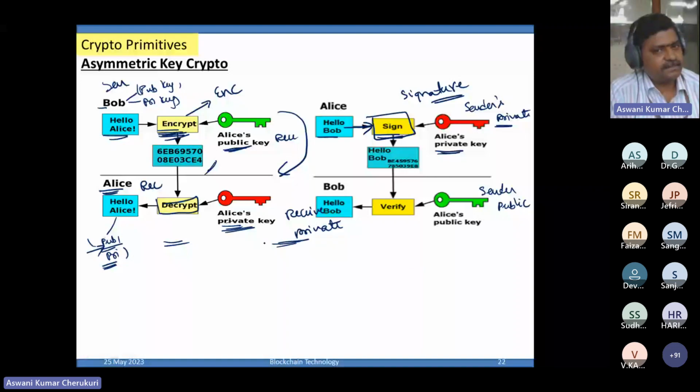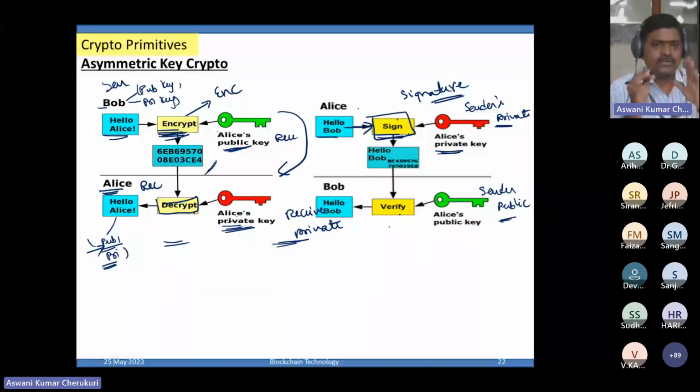For signature purpose, it is processed with the sender's public key. So you need to understand the difference. This is called encryption and decryption. This is called signature and verification. Encryption and decryption happen with the receiver's public key and private key. Signature and verification happen with the sender's private key and sender's public key.